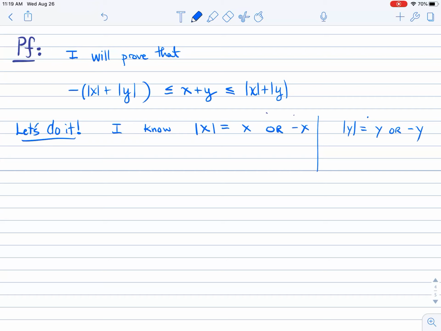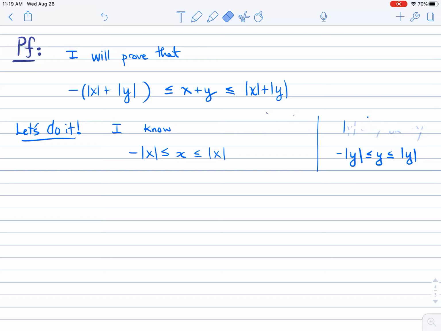And so I'm just going to turn this on its head, and I'm going to say, whatever x is, it's definitely got to be between the absolute value and the negative absolute value. After all, one of these two things is equal to x. And y has got to be between the absolute value of y and the negative absolute value of y.